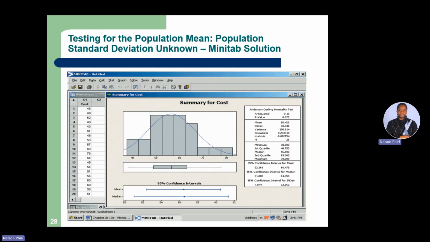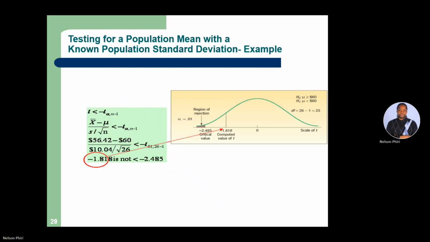Then if you were to compute this in your Excel spreadsheet, this is what you're going to get. Remember, we use descriptive statistics. It's no longer these mini tables; in Excel we now use descriptive statistics, as we have been doing in our practicals. Once you punch in 56.48 minus 60 divided by 10.126 over root n, it gives you negative 1.81.